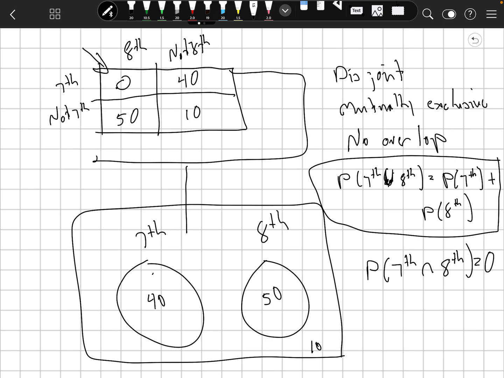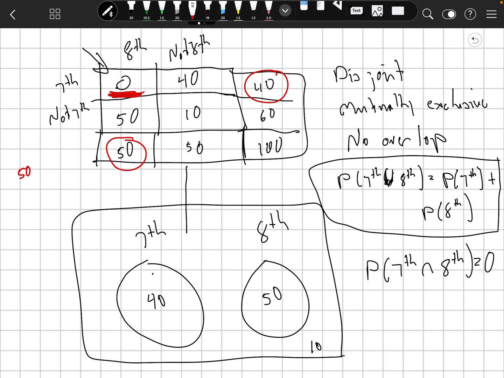So what we have is, looks like we got 40 7th graders, 60 not 7th graders, so 100 people in the survey. And then we've got 50 8th graders and 50 not 8th graders, so again 100 people in the survey. So this time we're just adding up the number of 8th graders and the number of 7th graders, and we're not having to subtract out this here.